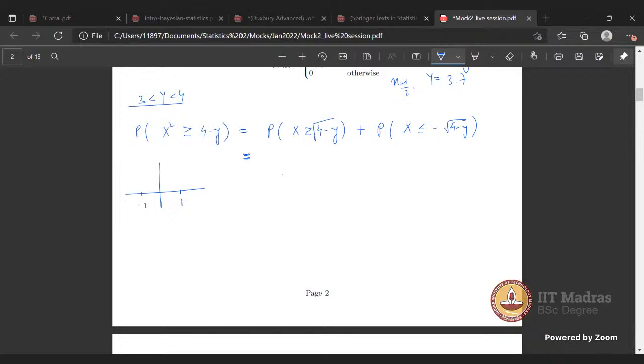Maybe we missed the x square. The addition is like or, right, ma'am? Yeah, the addition is like or. Either this or that. Right. Okay.